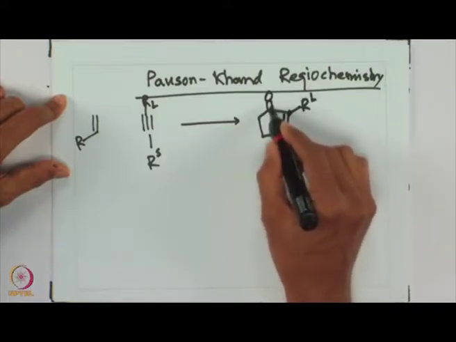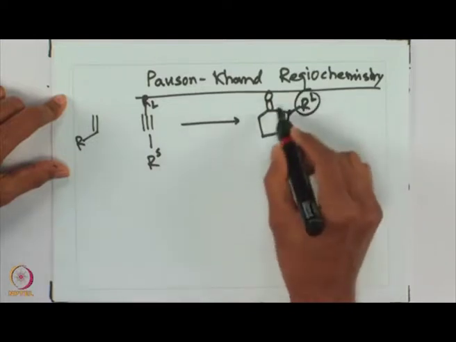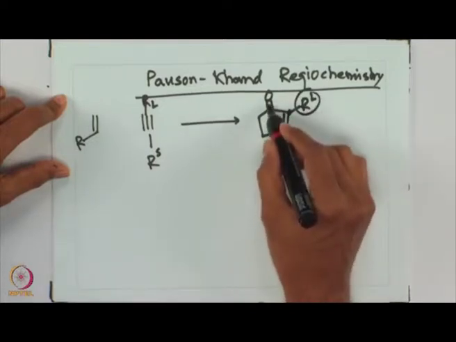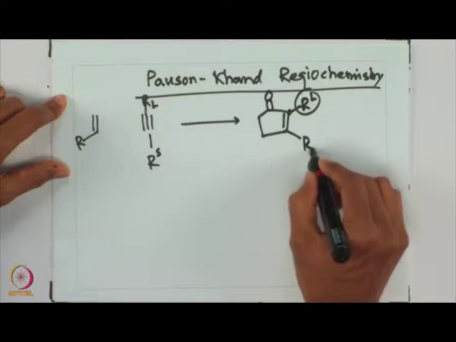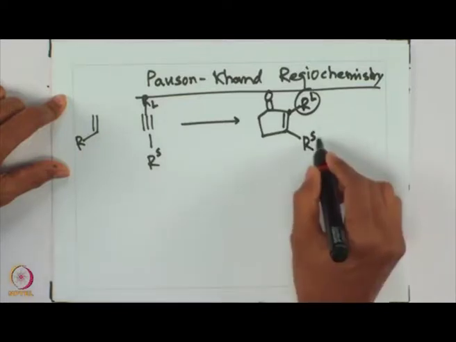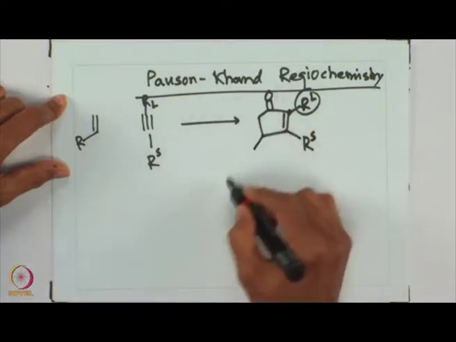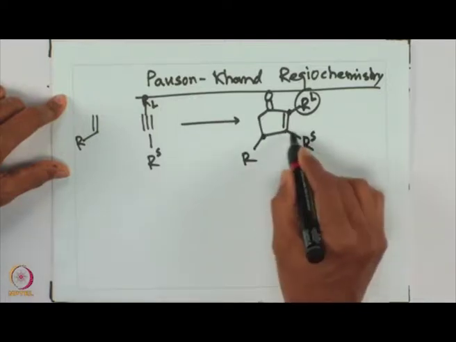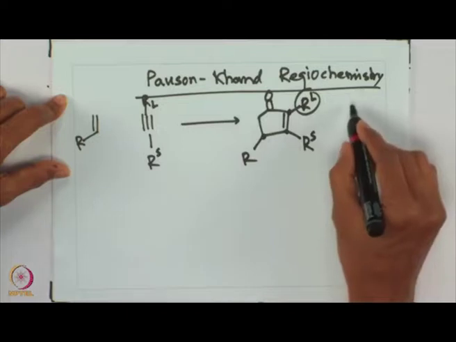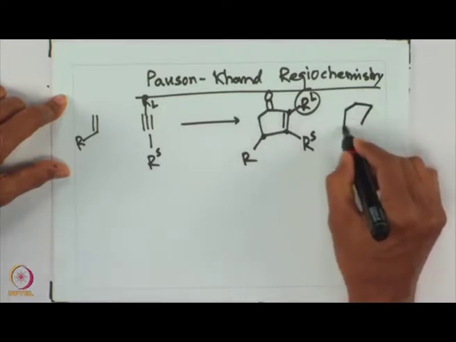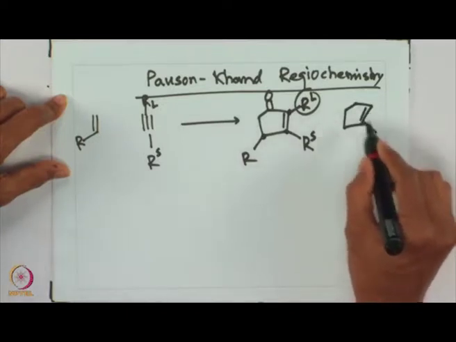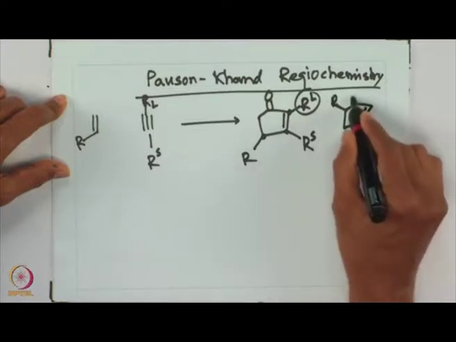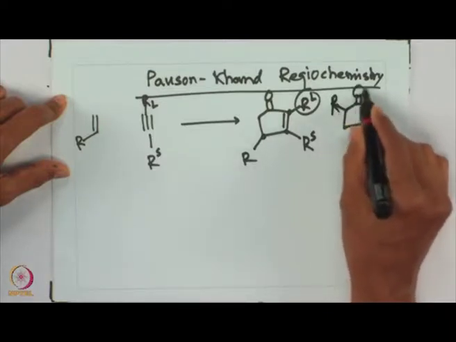R_L, the big group, will usually be close to the carbonyl and the small R will be far from the carbonyl. Now, in one orientation you can have R at this position close to S, or another regiochemistry you can have where R is close to the carbonyl, right.